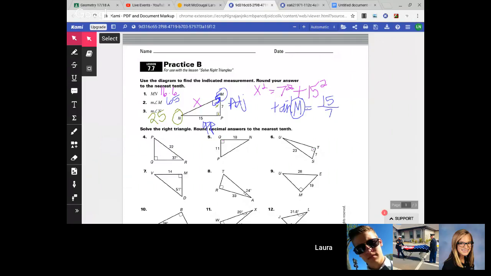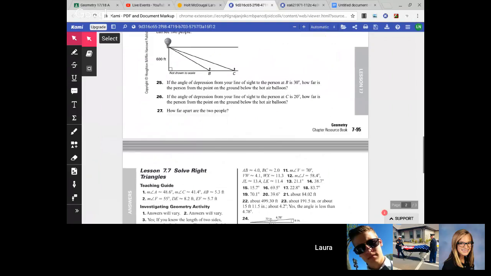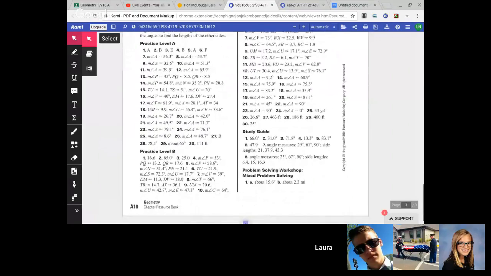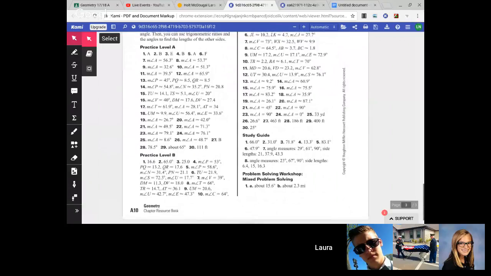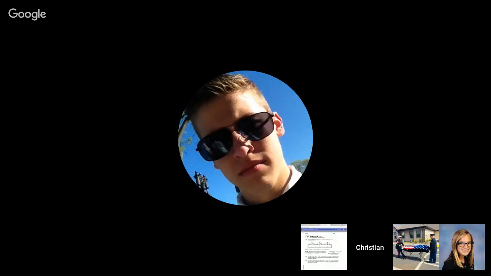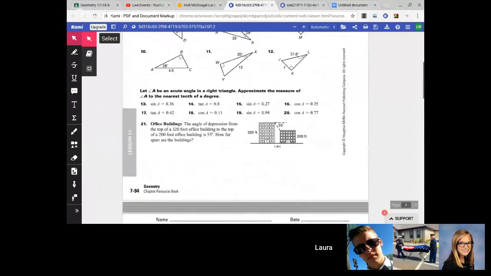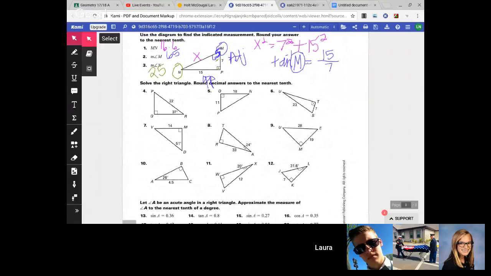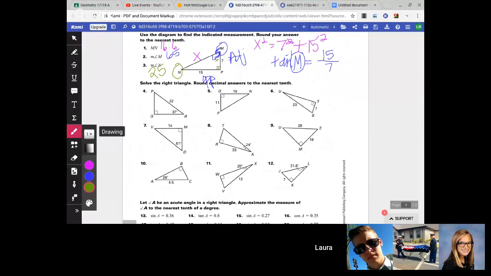Let me see how they left it. The answers are here, so just don't copy answers. But let's see, number 6, they got 20. I got 21 point something. Did you square something wrong, maybe? Let's see. So it'd be 23 squared equals 7 squared plus x squared, right?